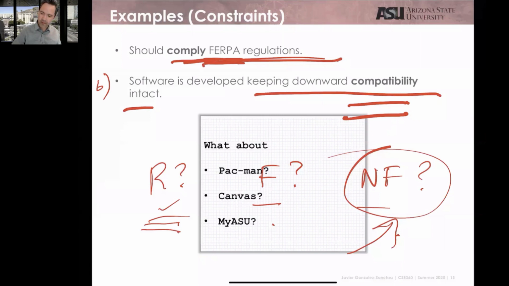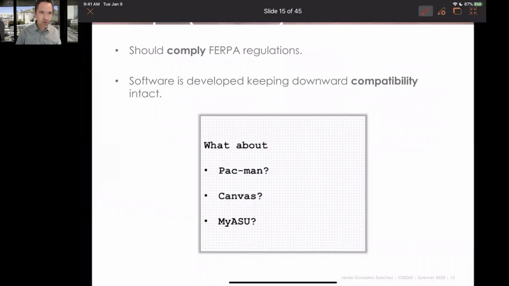Obviously, for your exam, I have the same questions. Can you think about one example of a non-functional requirement in the Pac-Man video game? Or a non-functional requirement in Canvas? Or one non-functional requirement for my ASU? And hopefully yes, because you are going to have this open box and you are going to put your answer there.